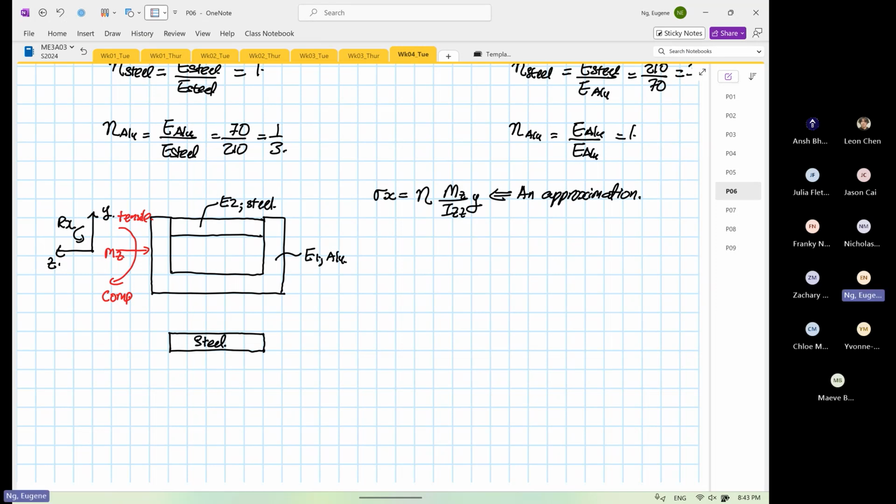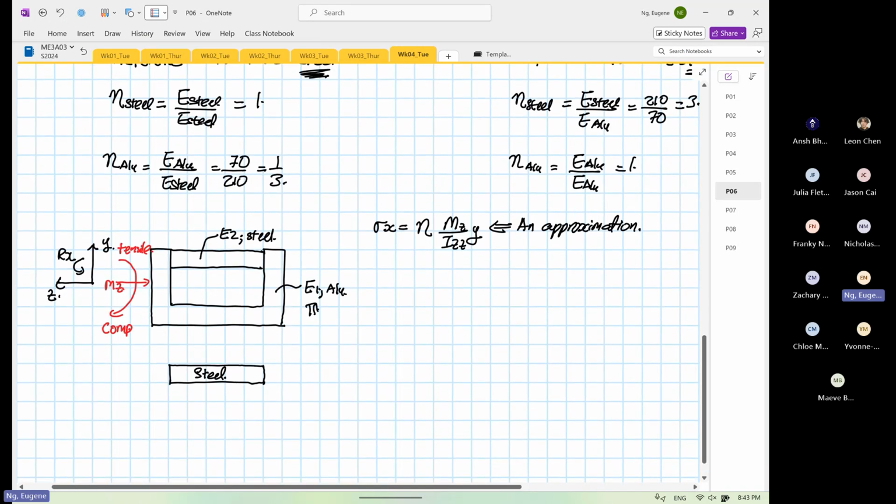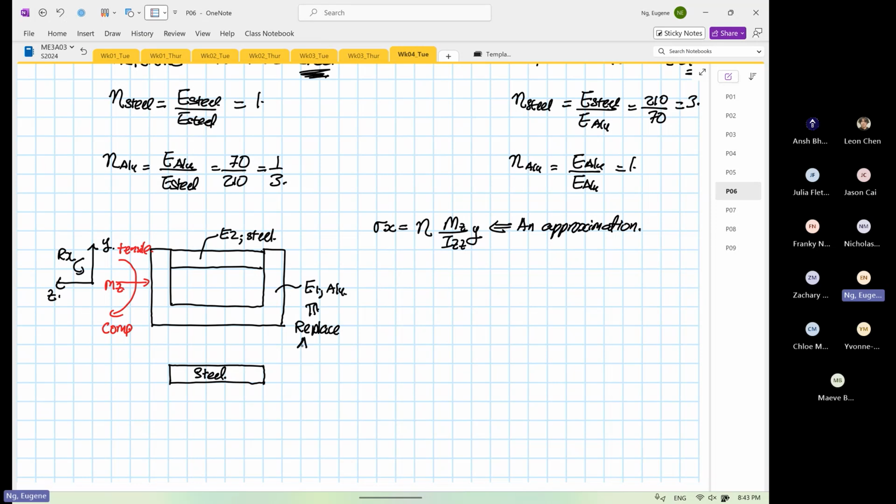It did not change. Now we are going to change the aluminum to become steel. So over here, when we pick the reference material as steel, we are going to replace aluminum with what?